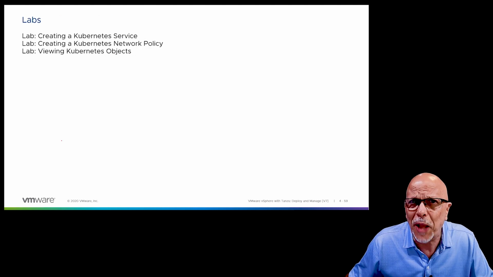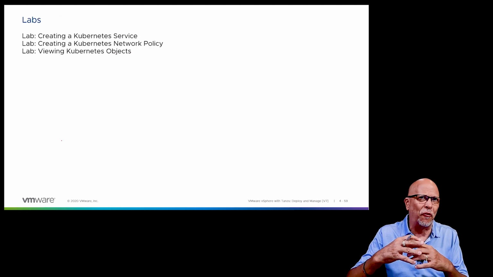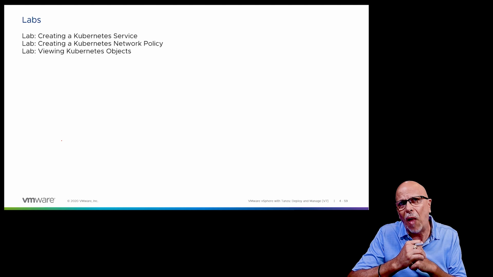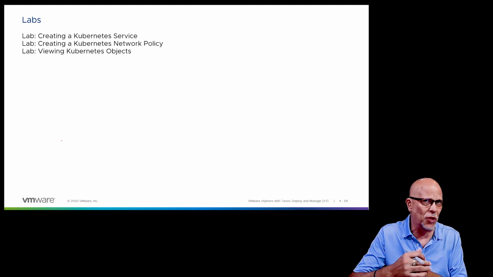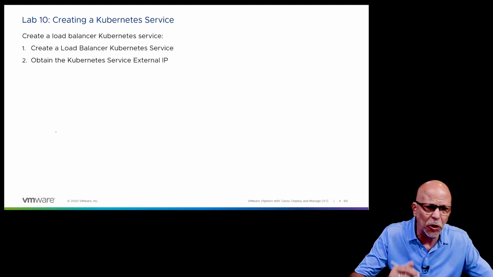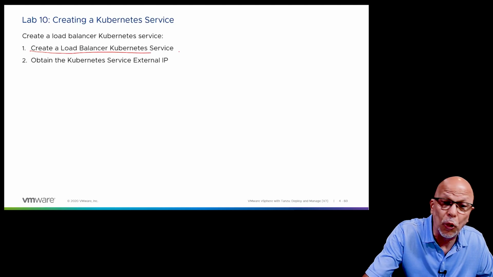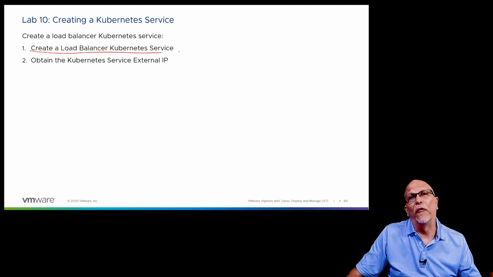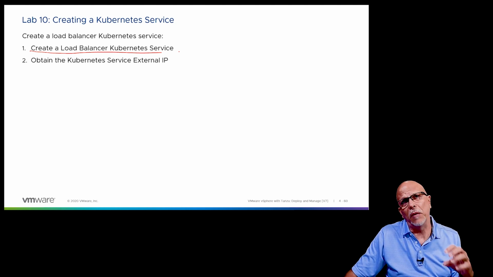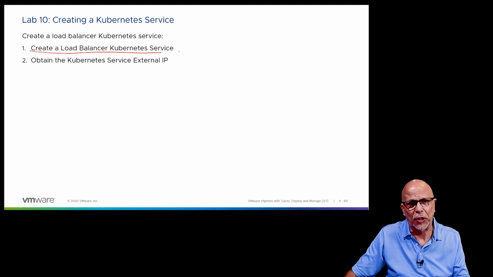And to help you get a little more familiar with it, we've got 3 labs that you're going to go through to explore the things we've just discussed. The first one is you're going to create a load balancer. This will be the first time that you'll actually be able to access the pods that you deployed, your NGINX pods.